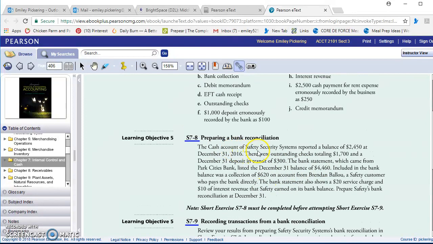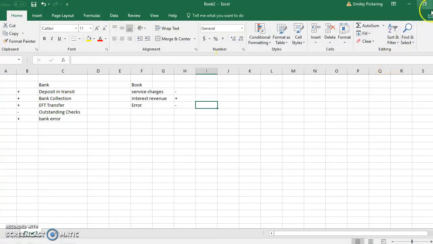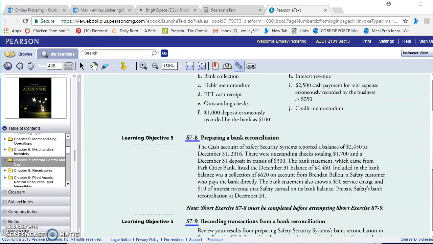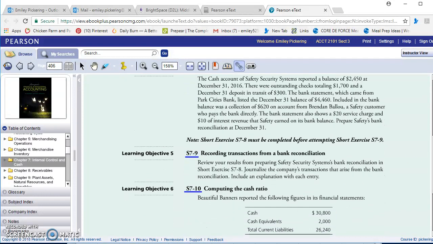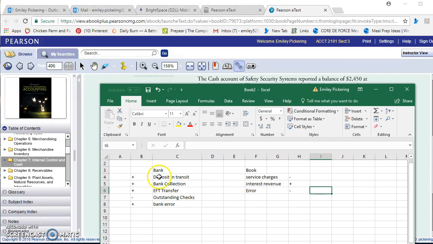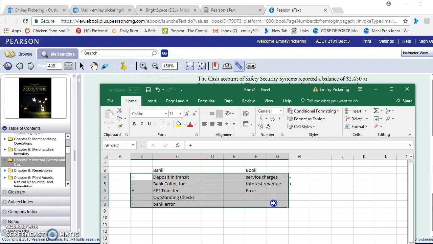So this is our company, Safety Security Systems, and we had a balance of $2,450 as of December 31st. And then we have the bank statement, and that's theirs. So obviously there's a big difference. So what I would do is, let's go ahead and make this a little bit smaller so we can see what we're doing here. So I would have the book side and the bank side here.